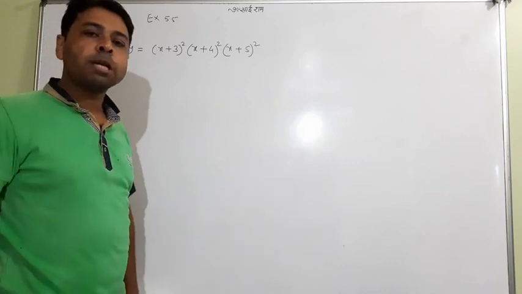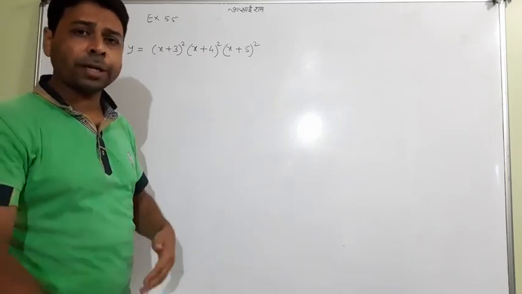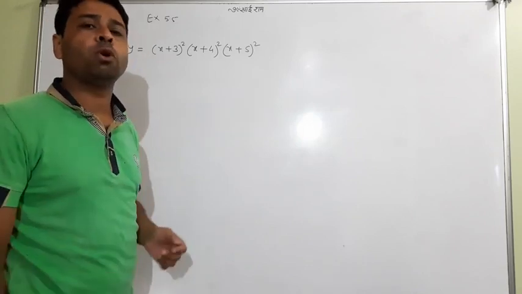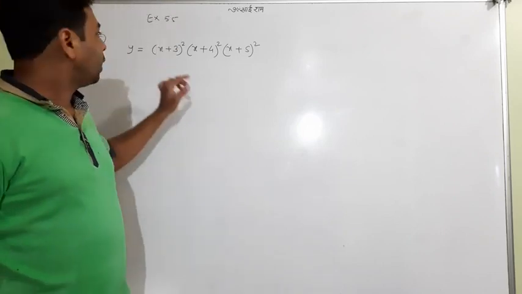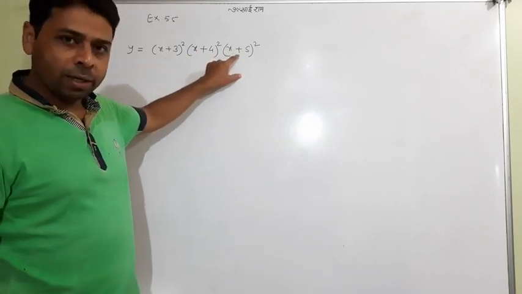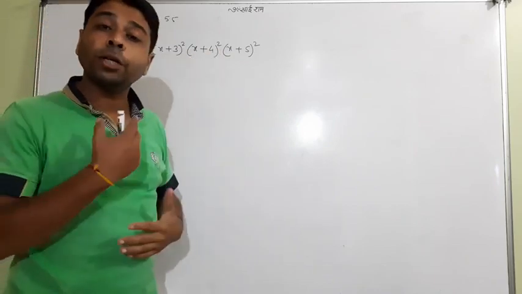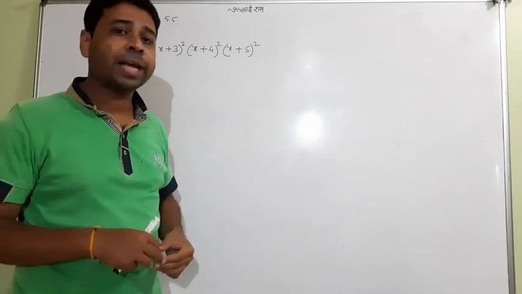Use the multiplication law, then these two will separate again by the same multiplication law. So this is going to be so tough and so long. Besides that, when more functions are coming in multiplication or division, take log.